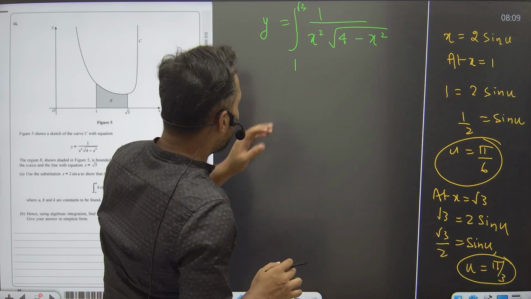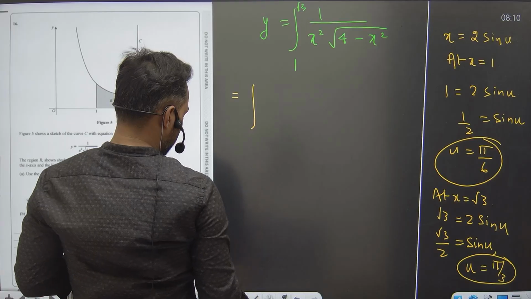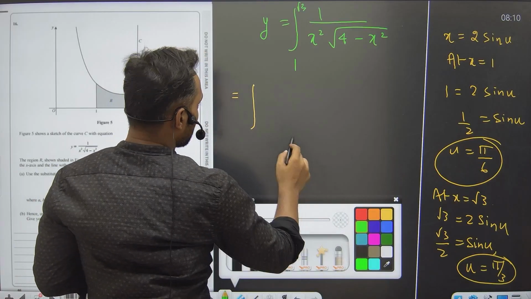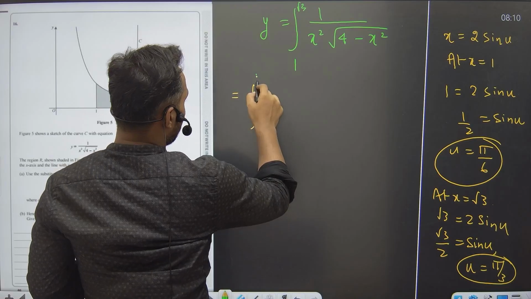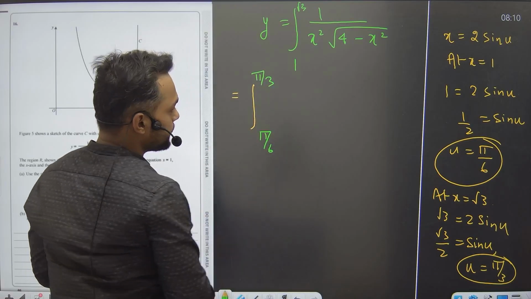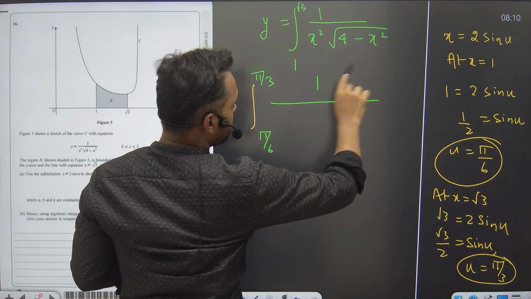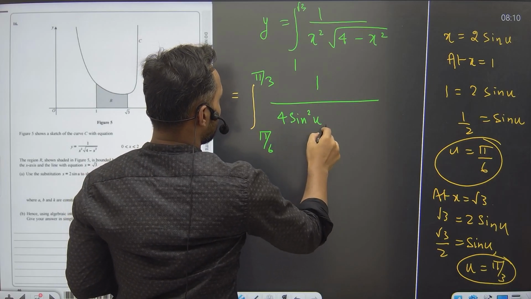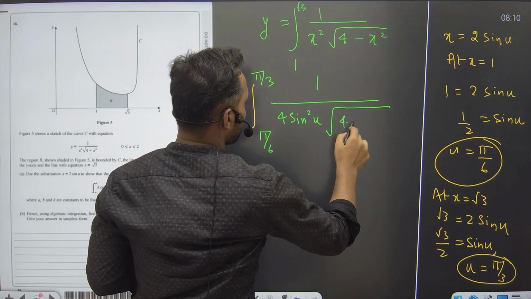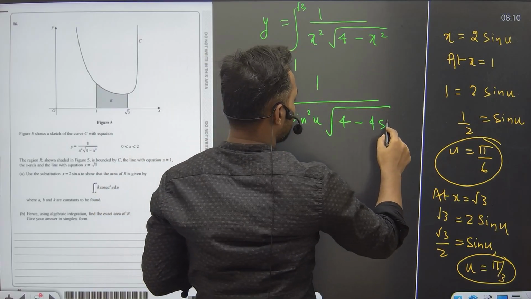So we have got the values here. In place of 1 we will keep pi by 6, and here you will keep pi by 3. Now 1 will be written as 1. x will be substituted by 4 sin square u, root of 4 minus x square, again 4 sin square u.